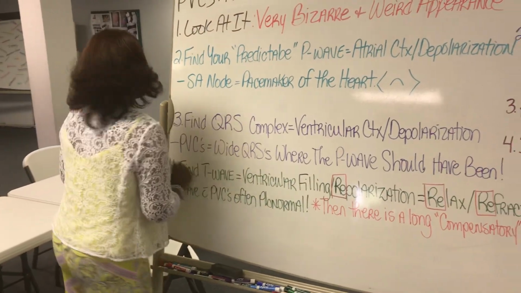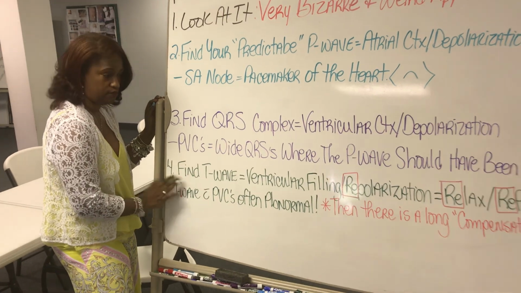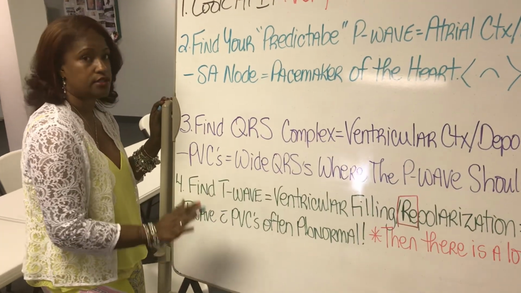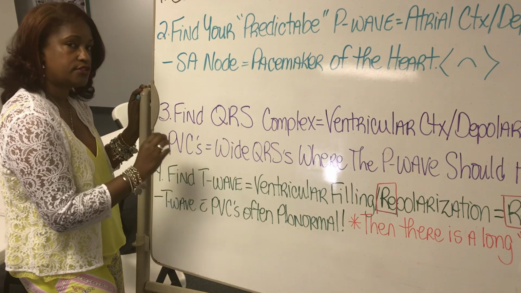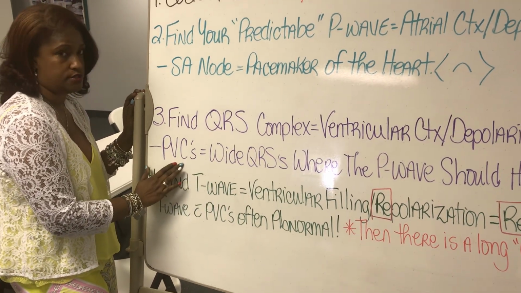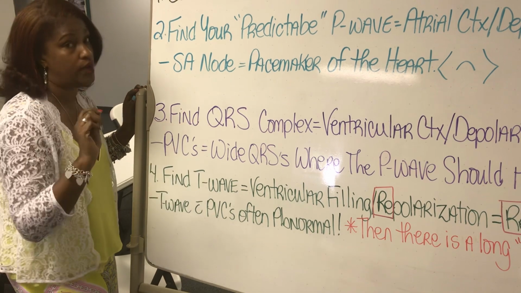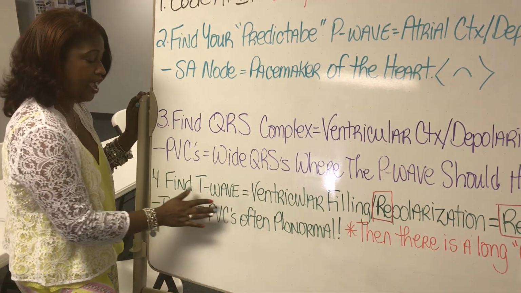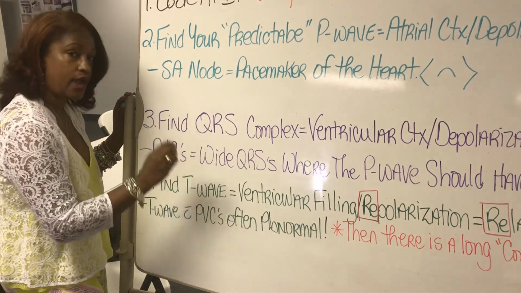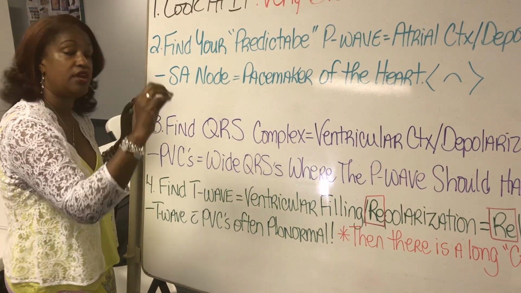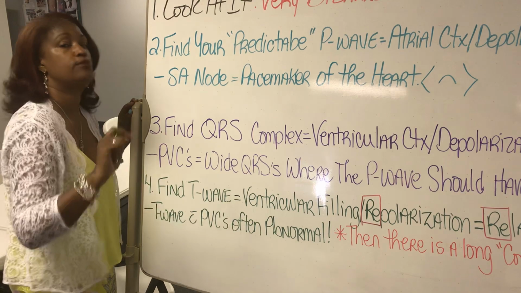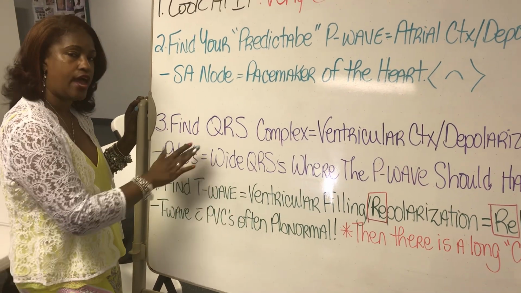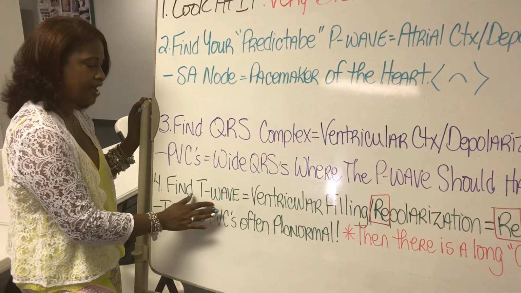Moving on. Now, number 4, our last step in understanding this PVC nonsense. When you see this strip and you found some PVCs, you will know it because there will not be a T wave directly after it. It will almost be on top of it typically. So find that T wave. Look at the normal T waves first, and then look at that PVC.